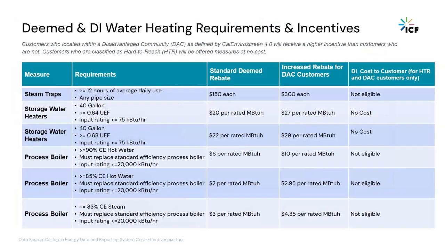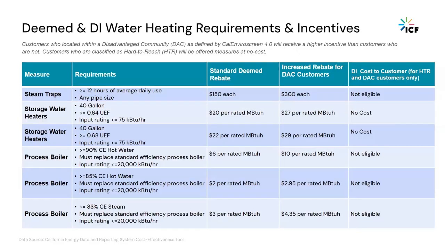So moving into some of the gas measures that we offer, what you see are, again, deemed measures. The gas measures are split out by 3 incentive levels. There's the standard rebate, an increased rebate for DAC customers, which is based off of a statewide classification of different areas. You can find the actual map for this if you Google CalEnviroScreen 4.0.